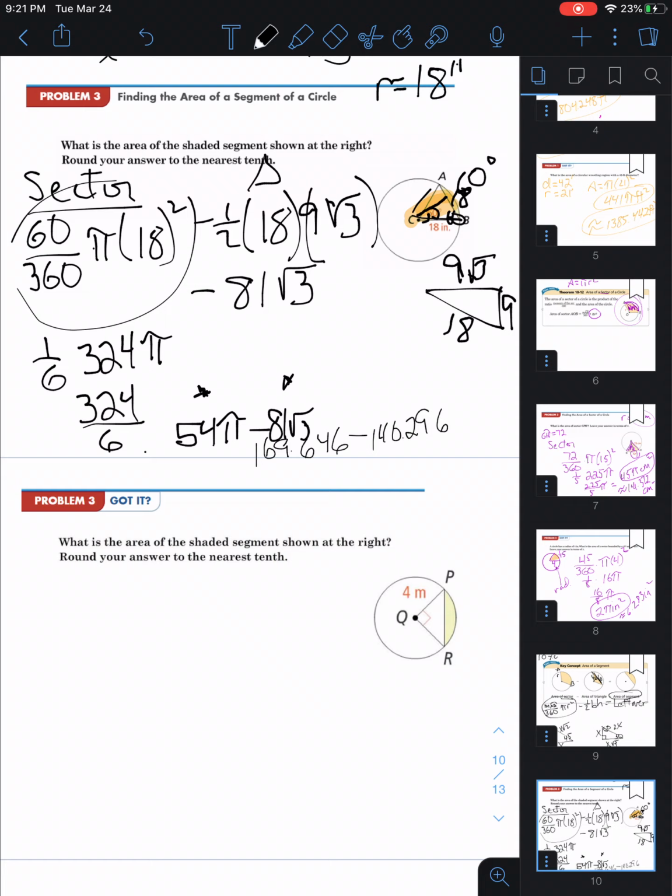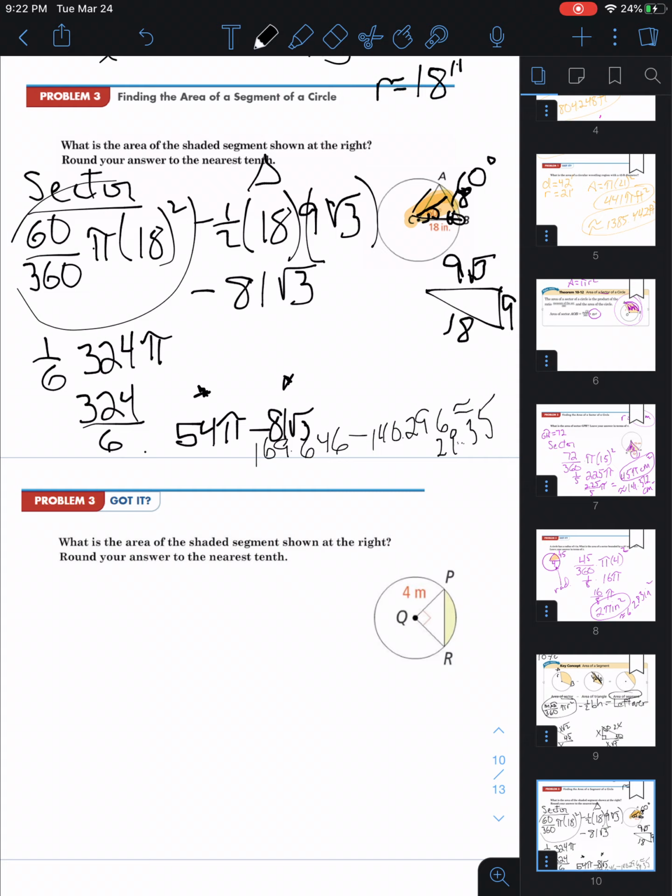If I subtract that from the 169.646, then I would get approximately, because we had to round, 29.34988, or 29.35.